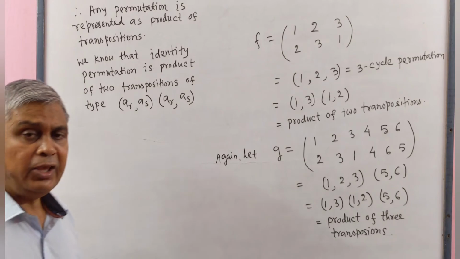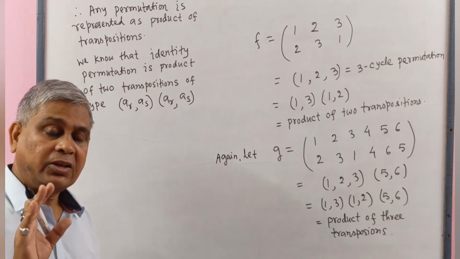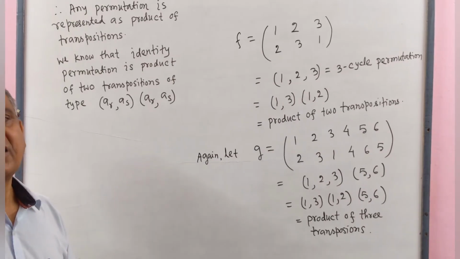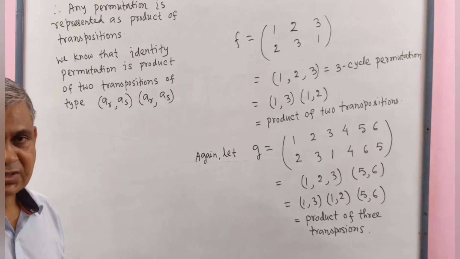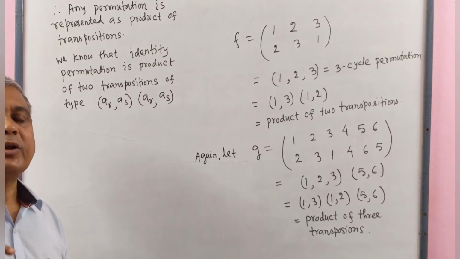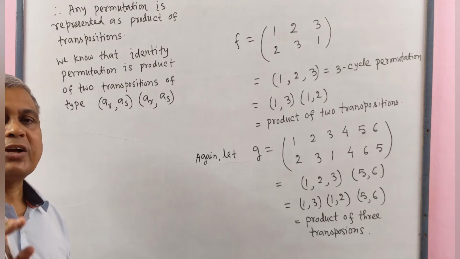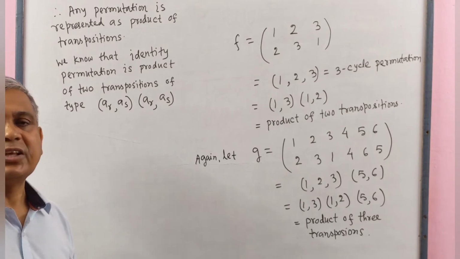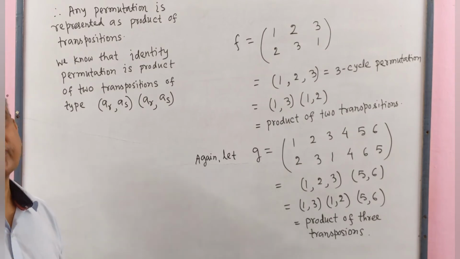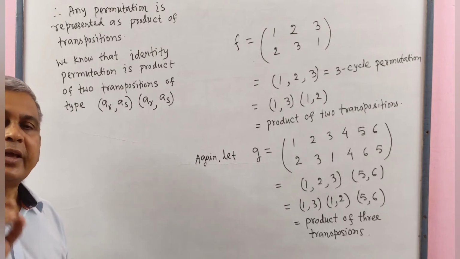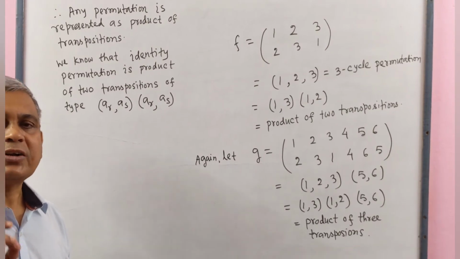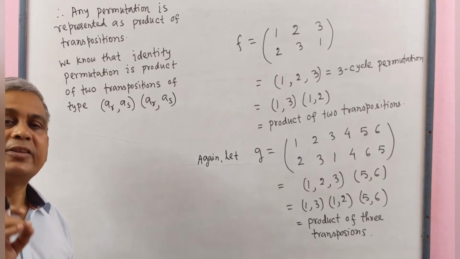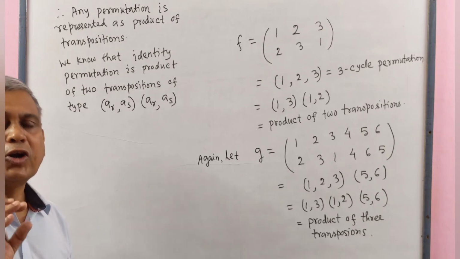So any permutation is a product of either an even number of transpositions or an odd number of transpositions. If any permutation is the product of an even number of transpositions, then that permutation is called an even permutation. And if any permutation is the product of an odd number of transpositions, then that permutation is called an odd permutation.